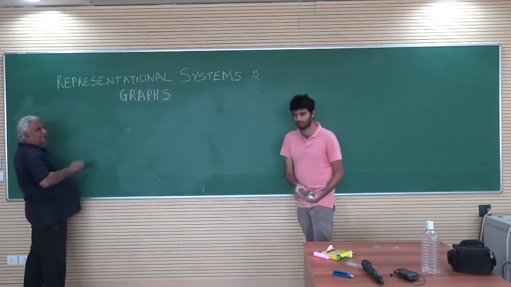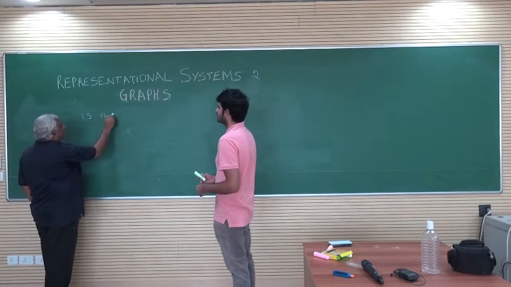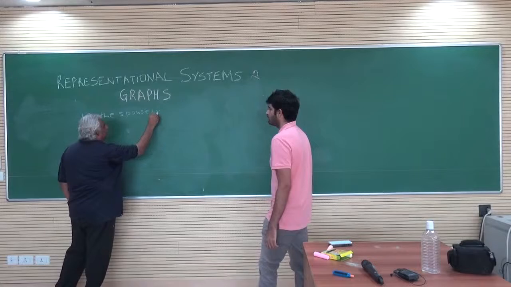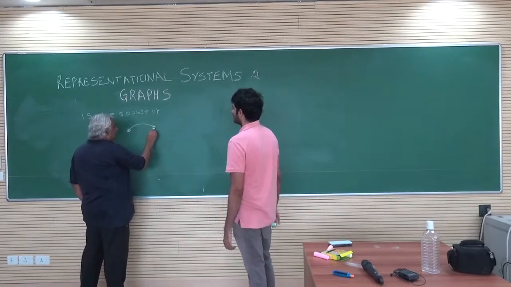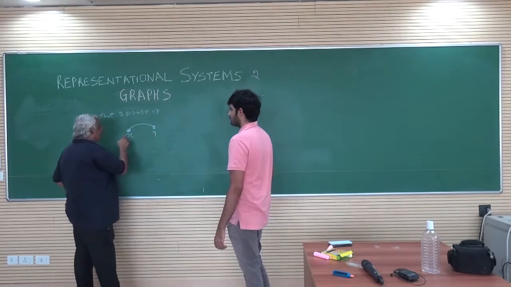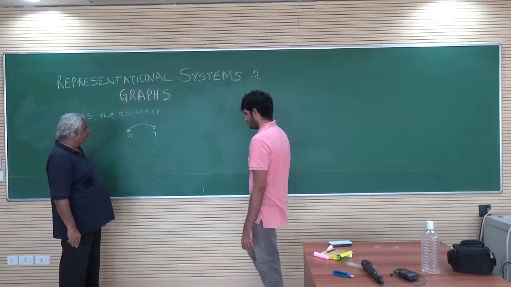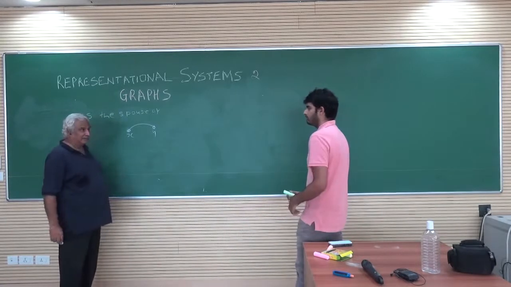Suppose two people are married. Let's say "is the spouse of." If I do this, that means X is the spouse of Y, which of course also means that Y is the spouse of X.